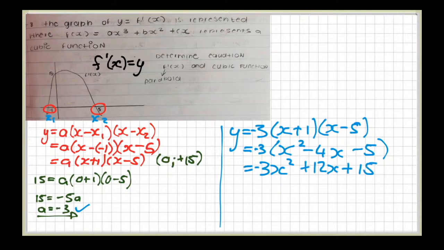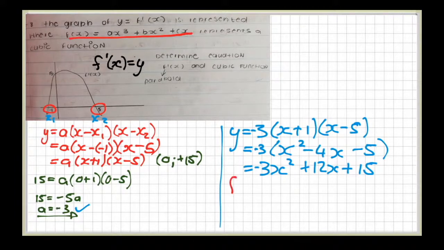Now comes the fun. How does this relate back to f(x)? Again, if you are AP Maths, resist the temptation to go and integrate. So what I'm going to do is take the original graph f(x) and derive it.